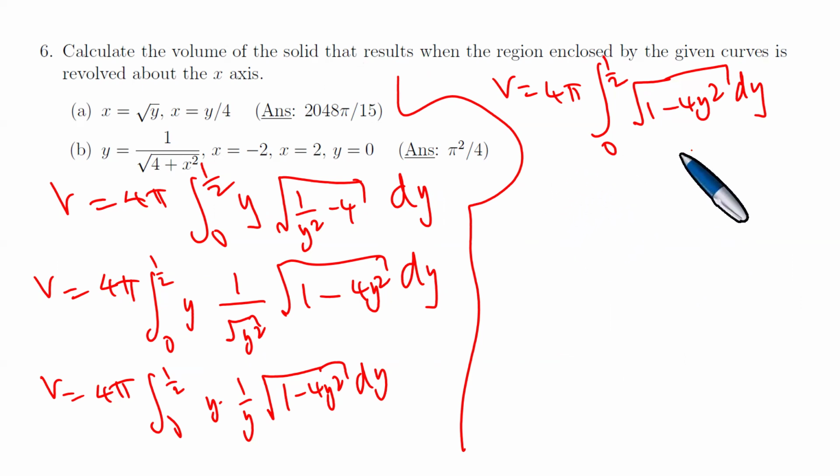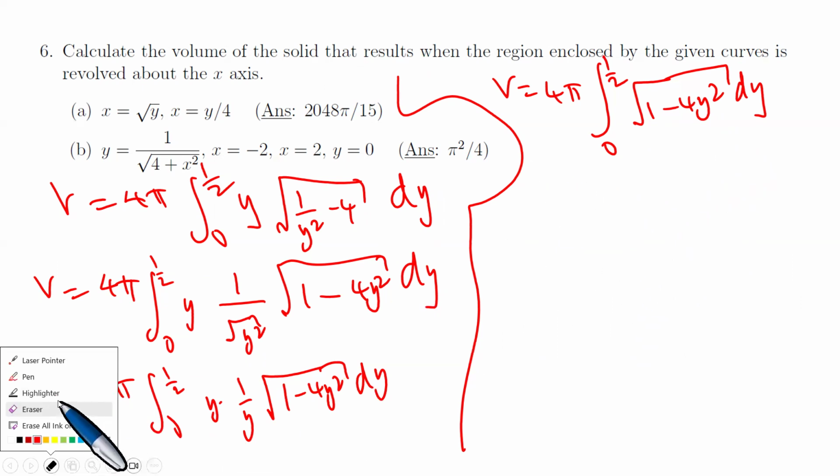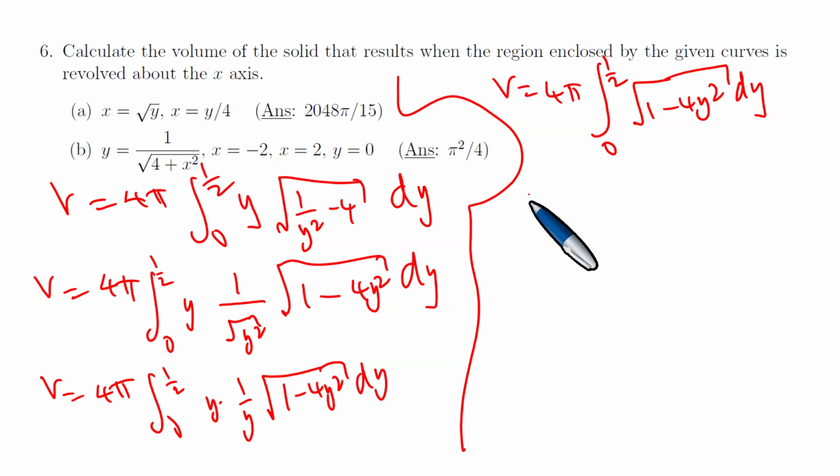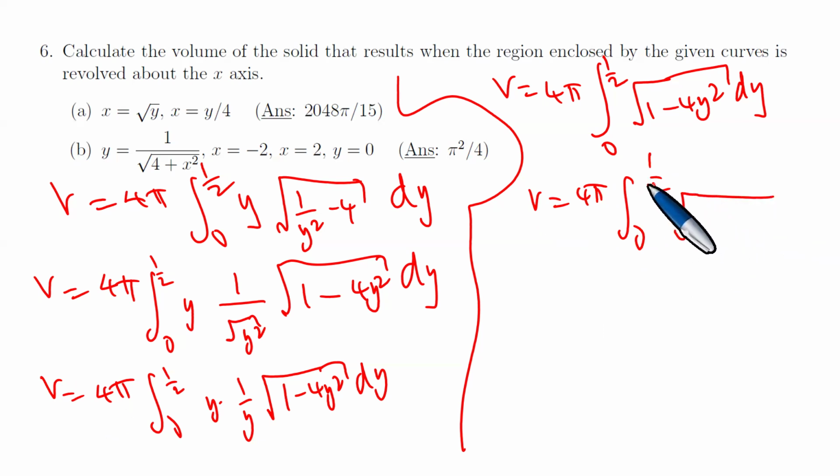Now this one, you're going to use a trigonometric substitution, because it's 1 minus sine squared. I'm just going to conclude here, because in the exam you might not even have the table of integrals, so that you can know what the integral of this is going to be.